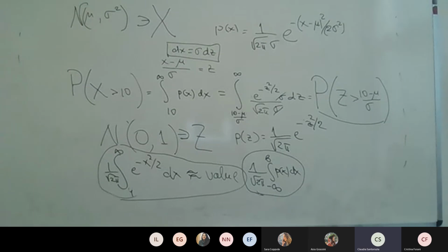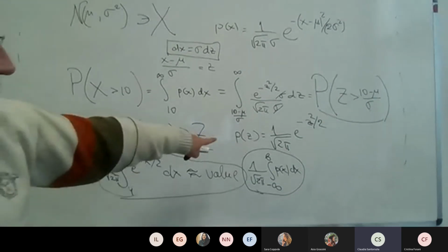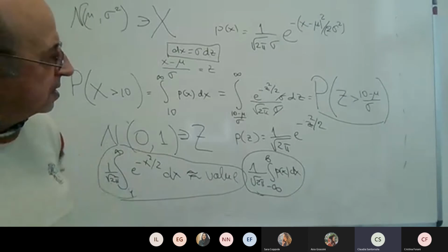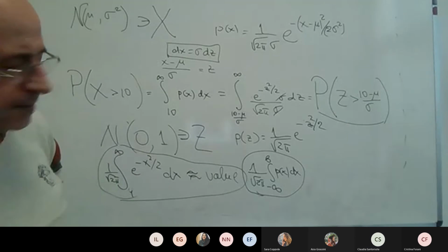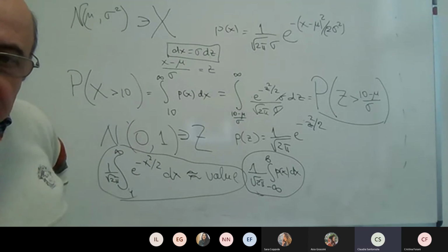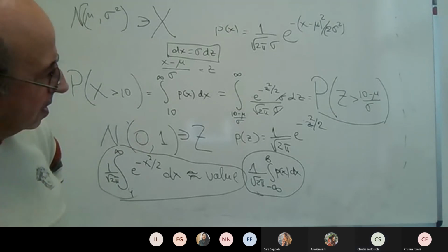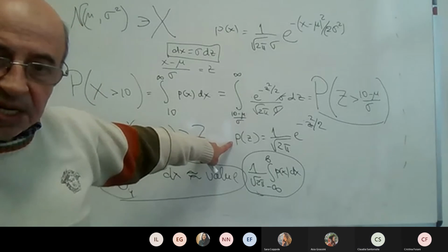Sorry, when we define p(zeta), after the change of variables, why in the denominator isn't there sigma? I don't understand. You don't understand this?